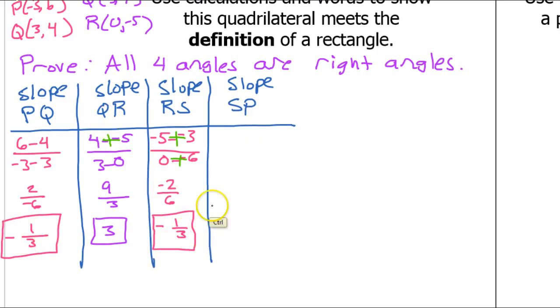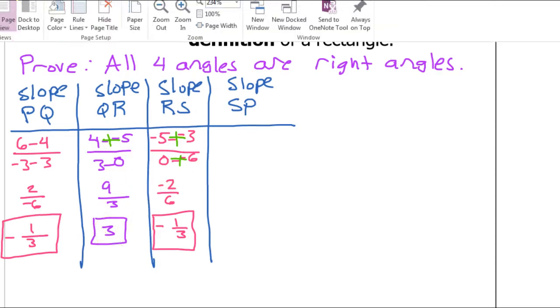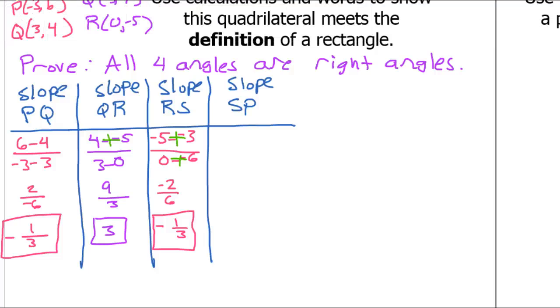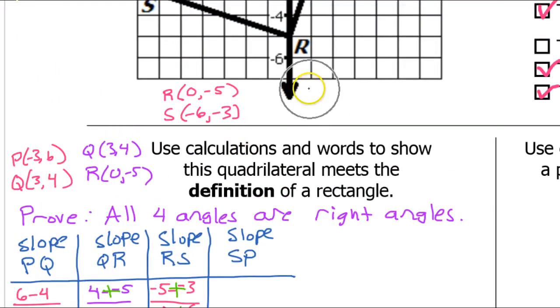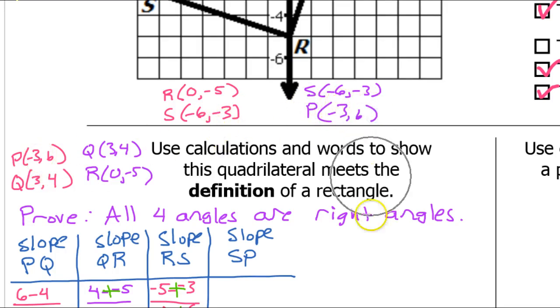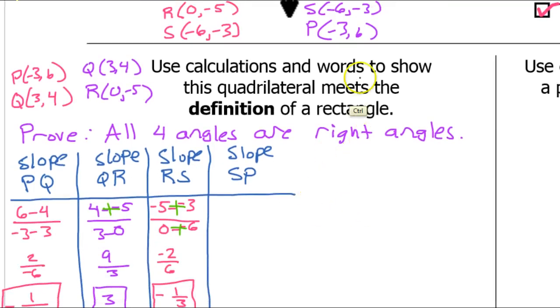Now I'm going to switch back to purple because I'm expecting the slope of SP to be 3. So SP. I already know that point S is negative 6 comma negative 3 because we wrote it down a minute ago. And P is negative 3 comma 6. For the slope, I'm doing y minus y over x minus x.